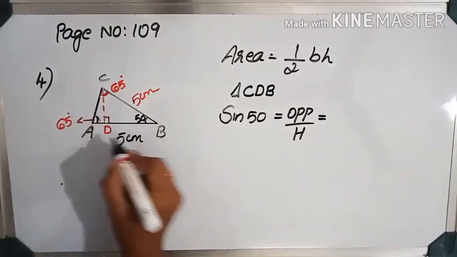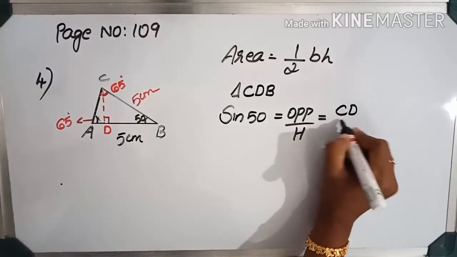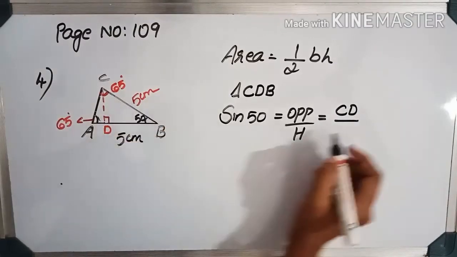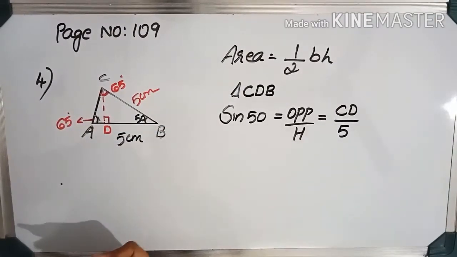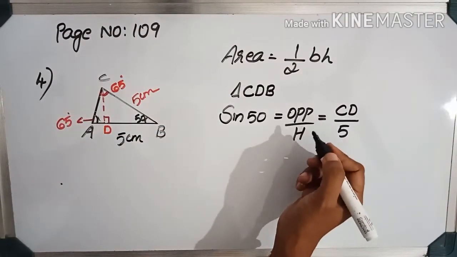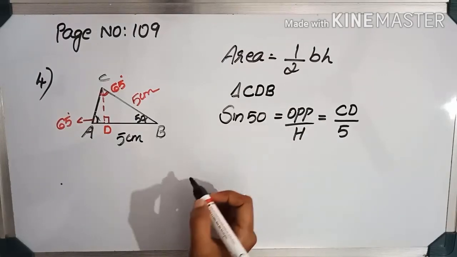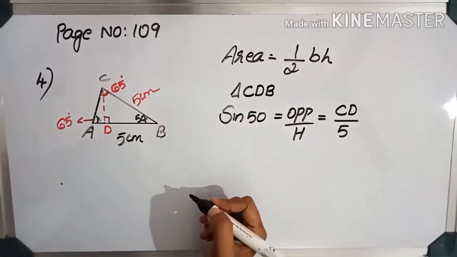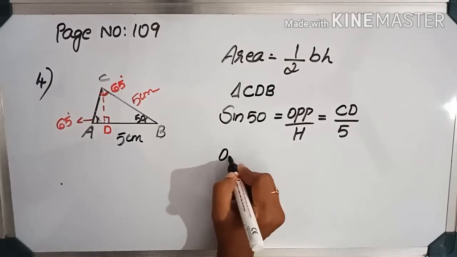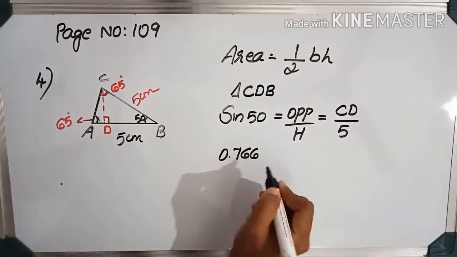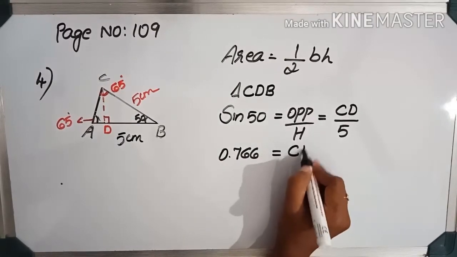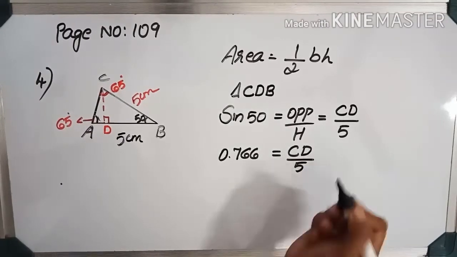So here the opposite side is CD, by hypotenuse, that is 5. Next, the value of sine 50, which we already wrote in the previous problem, is 0.766, equal to CD by 5.